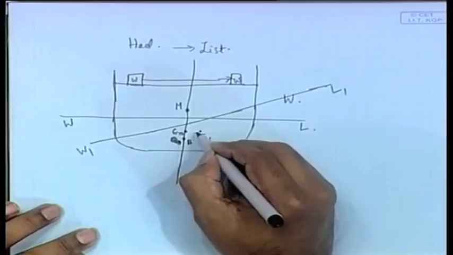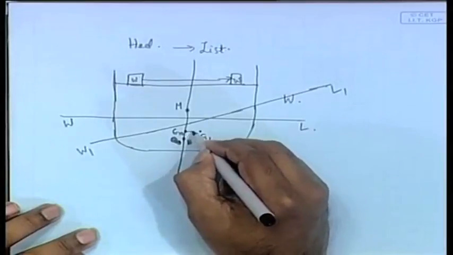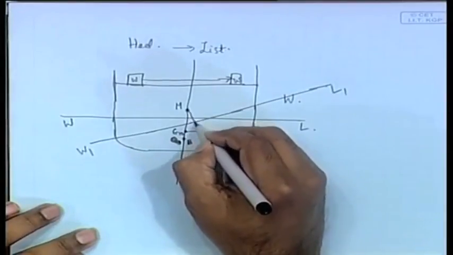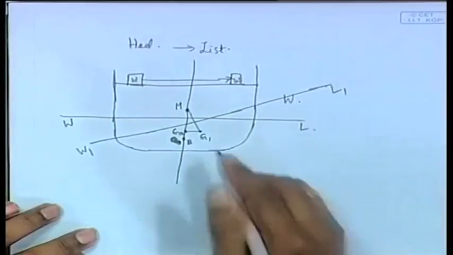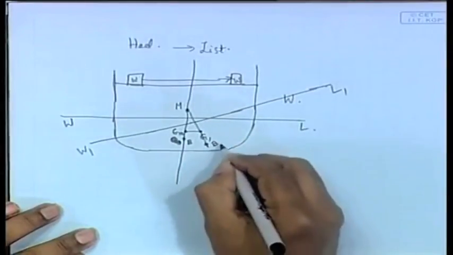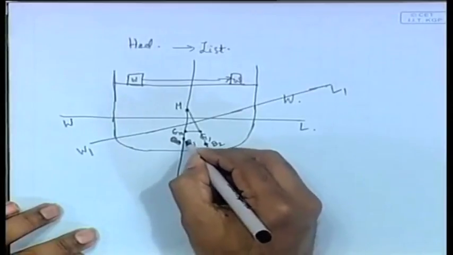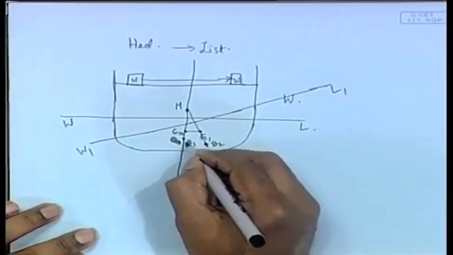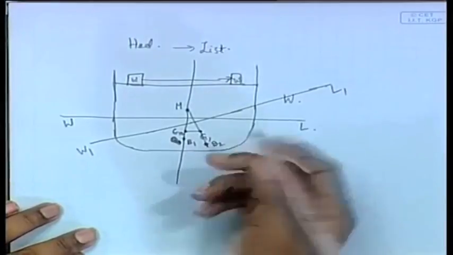Because of that, g has shifted here, and the center of buoyancy has shifted here. B1 and B2 will be in a straight line. More or less it is just the drawing.